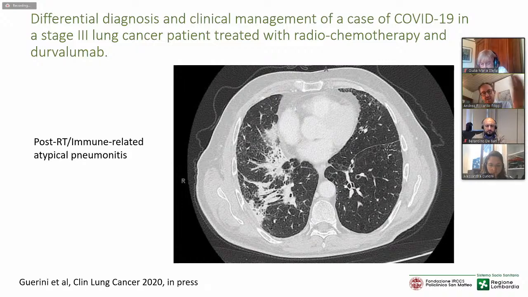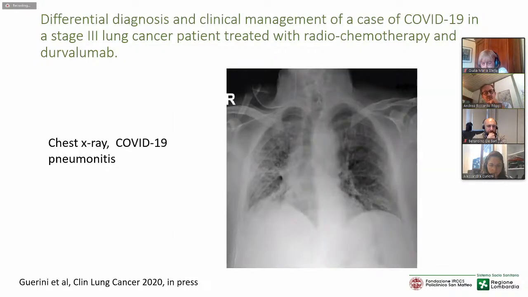But the day when the patient presented in the medical oncology department to start Durvalumab again, they reported fever over the last 2-3 days. Now we were in the middle of the pandemic in Italy, so middle to end of March, and this was his radiological finding.